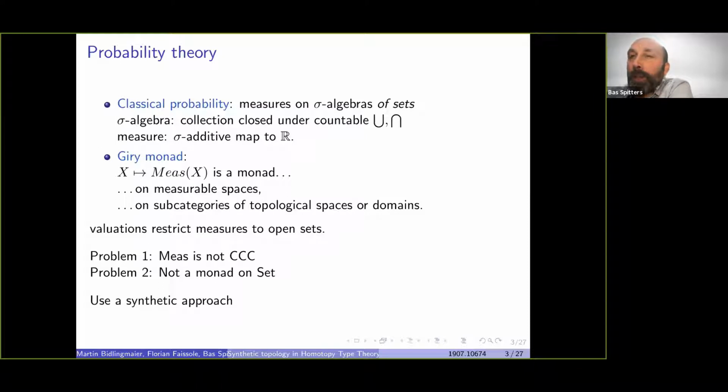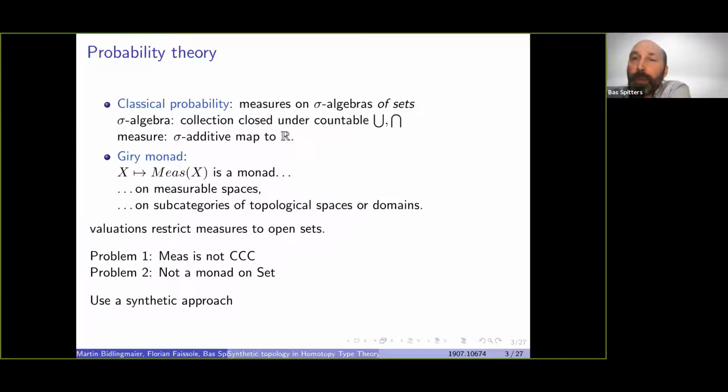Now if we look at how classical probability is modeled, I just want to repeat this to give you an idea of what it looks like. There's nothing new here. It's measures on a sigma algebra of sets, and a sigma algebra is a collection closed under countable unions and joins, and then a measure is a sigma additive map to the real numbers.